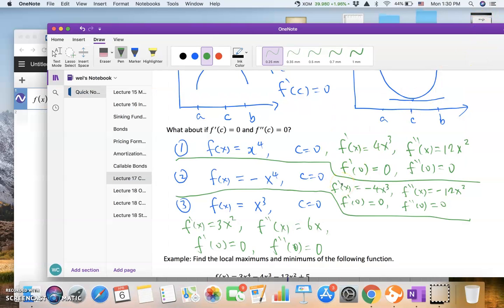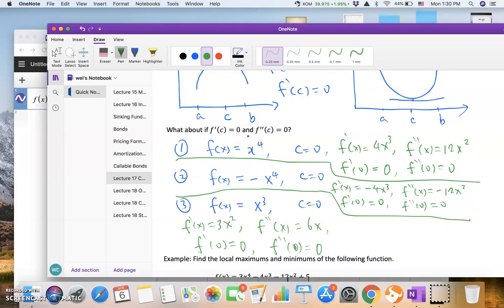So from this example, we can see that when the first derivative and the second derivative are both equal to 0, we may have three situations: the function could have a maximum, or could have a minimum, or the function doesn't have either a maximum or a minimum at c.